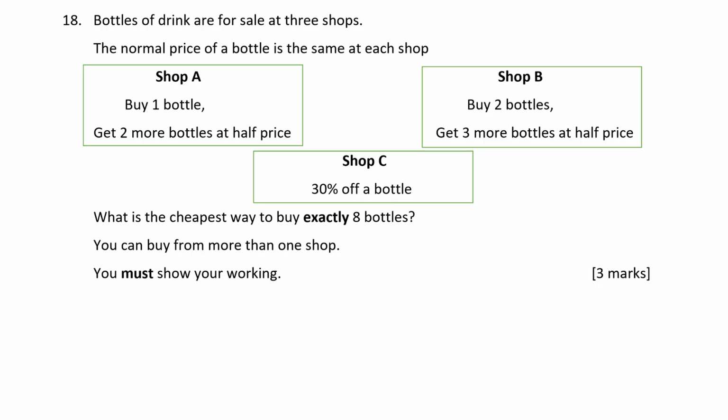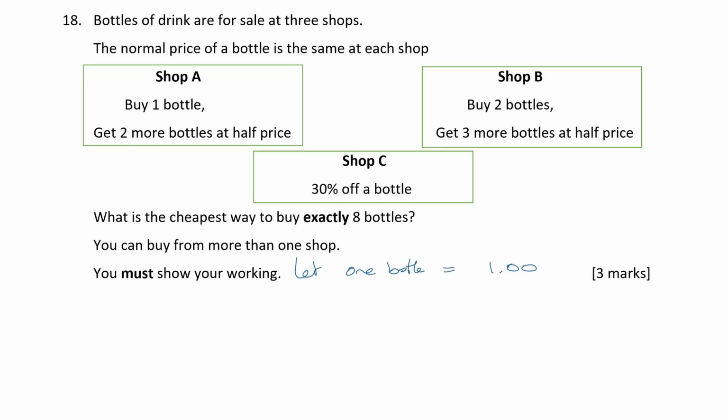Now, it often confuses students when there's no given price and all the things are just relative to a non-given price. So sometimes it makes it easier to just make up a price. Let's say 1 bottle equals £1, 1 nominal pound or 1 math dollar, I don't really care. And then we can work out the cost of things from that.